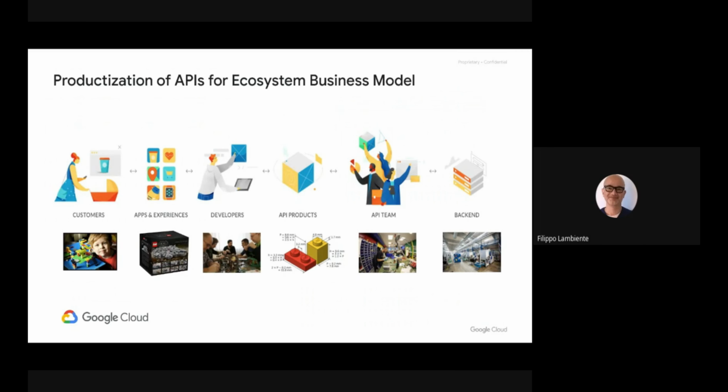If we want to create an analogy, I think this one really fits what we are doing with Apigee. We take an asset, the backend asset, and we wrap this backend asset inside an API product.